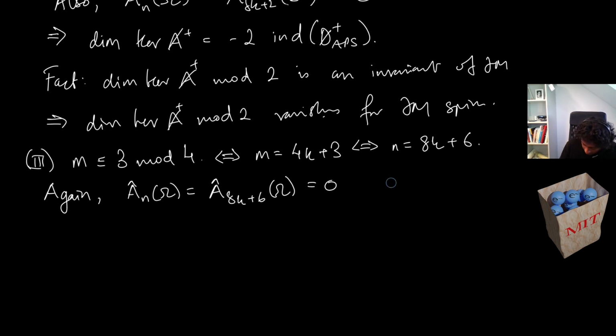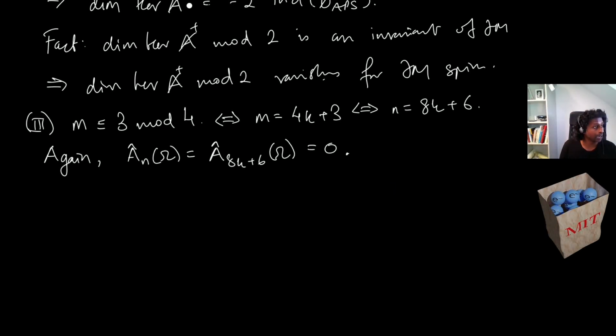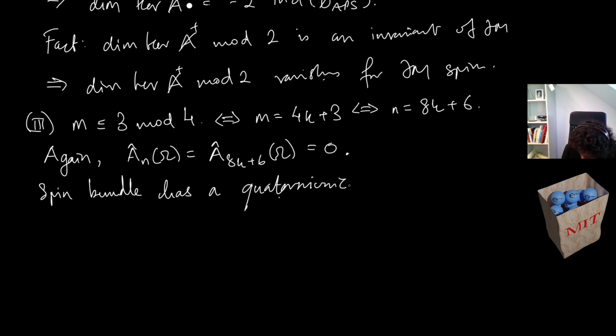That's the first thing. Another thing that we have is a fact that in this particular dimension, the spin bundle has a quaternionic structure Q, such that Q anti-commutes with A plus.